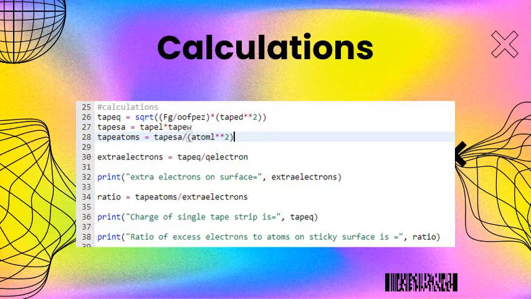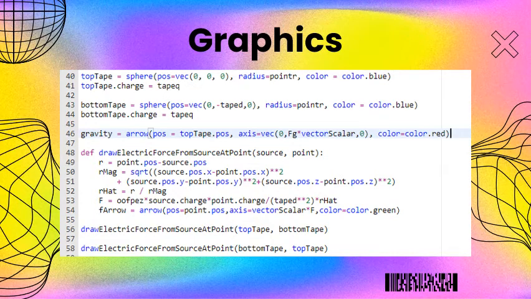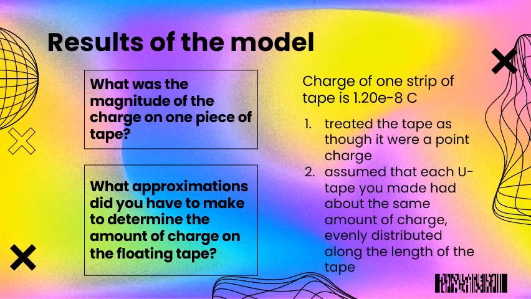And then here's how I input that into GlowScript. You can see on line 26 where I have that formula to find the charge, and then also to find the surface area, the number of atoms on the tape, and the number of excess electrons along with the ratio of the two. And then here's how I did all of my graphics with the arrows and the balls.